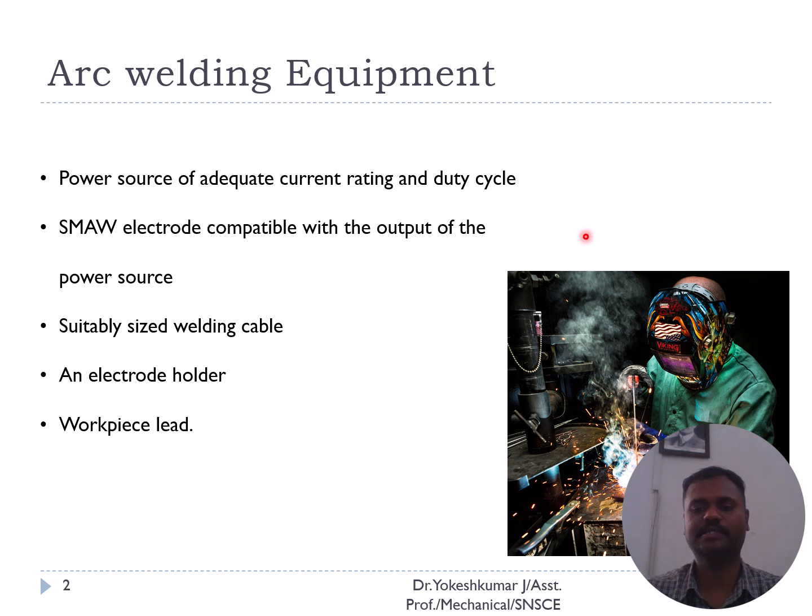So when selecting the electrode, you have to select the appropriate specification which is compatible with shielded metal arc welding, along with suitably sized welding cables. The cables are important to transfer electric power between the transformer and the welding holder. Then an electrode holder is used to hold the electrode securely and to perform the welding operation. Finally, the workpiece lead is used to hold the workpiece.